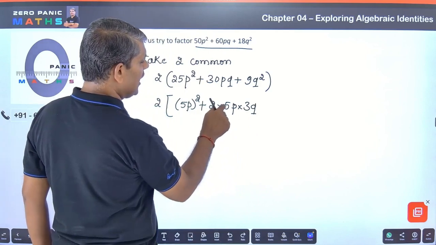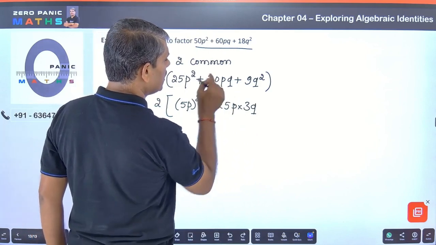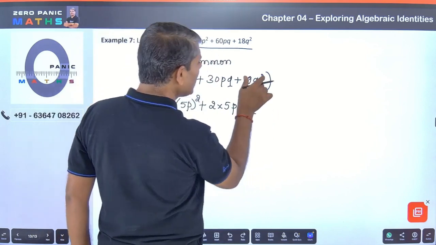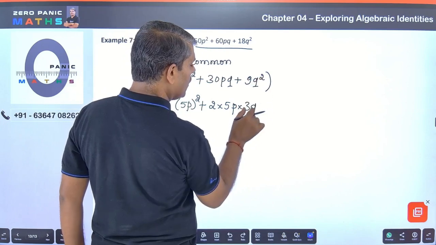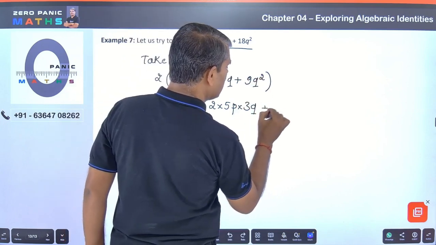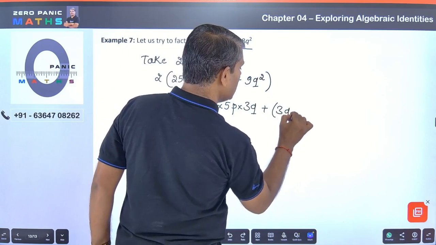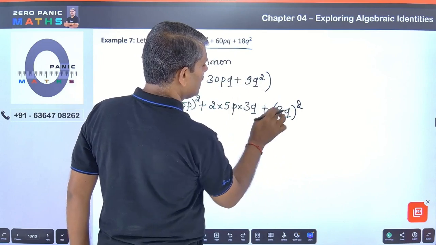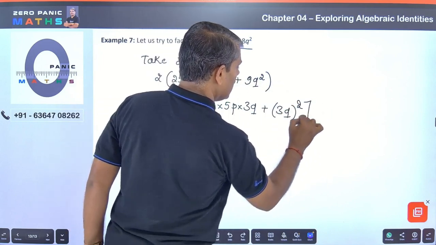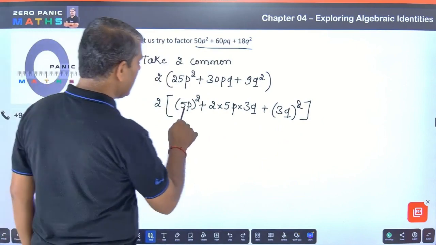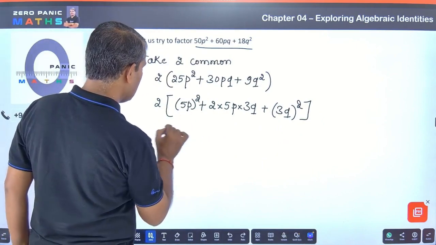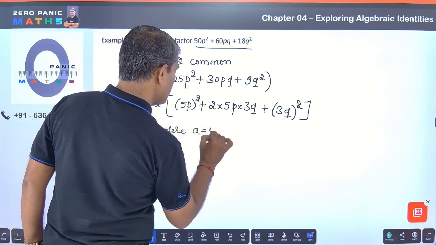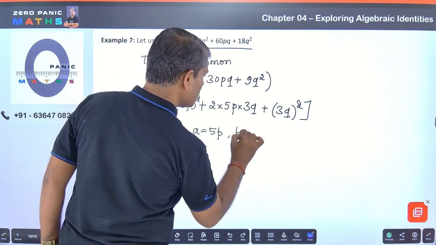See, 2 5s are 10, 10 3s are 30, p into q, 30pq. What I got as b here is 3q. You don't have to look at the last term at all because you already got b here. You can directly write this as b square, and that will match the third term, that is 9q square. Hope you understood this. So here a is 5p and b is 3q.